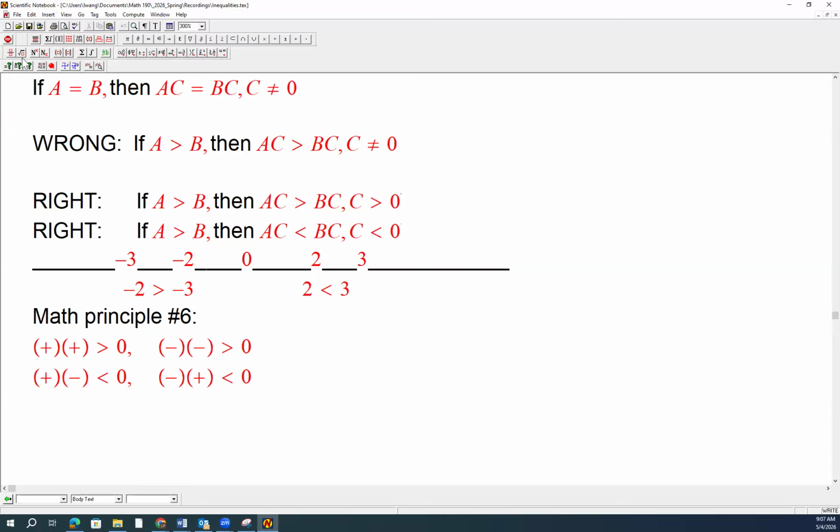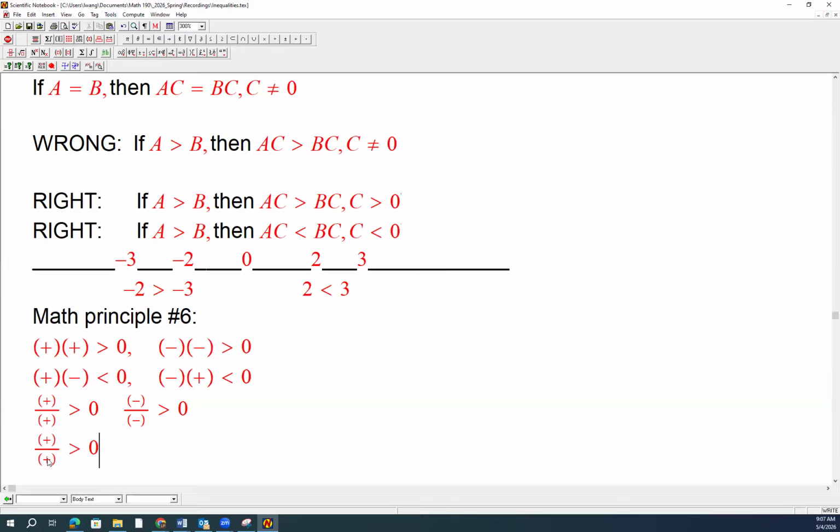And for dividing, a positive number divided by a positive number is positive, greater than 0. And a negative number divided by a negative number is positive.